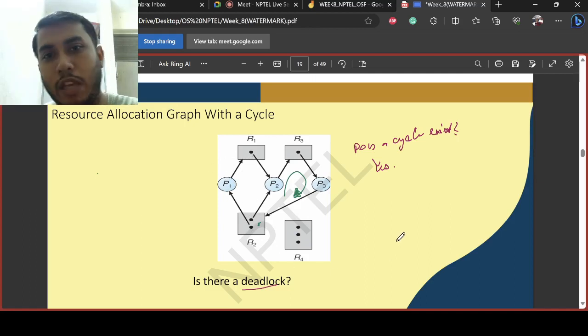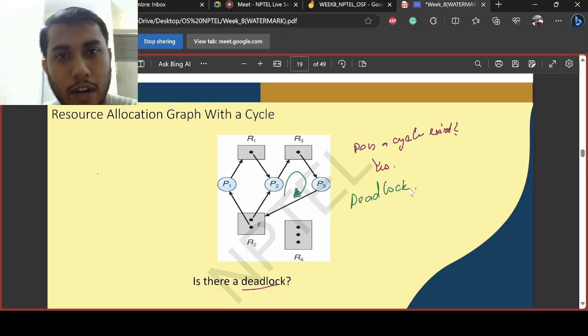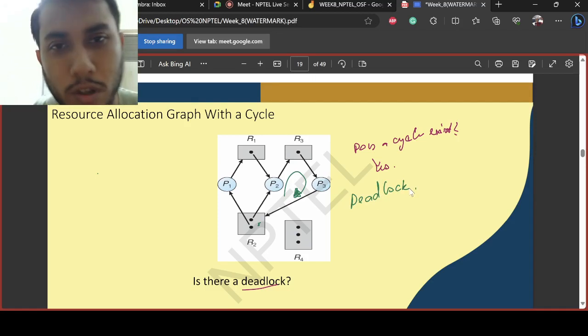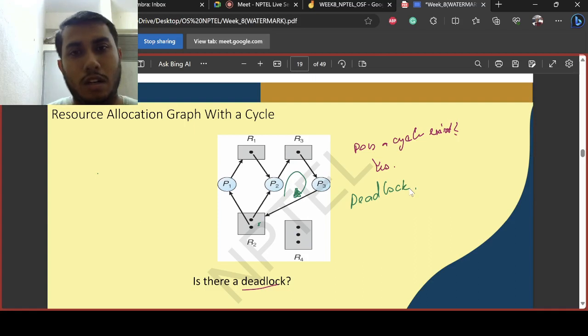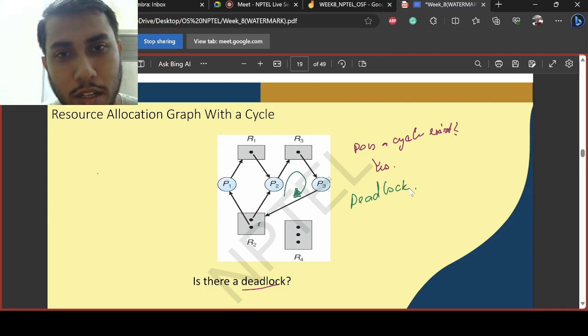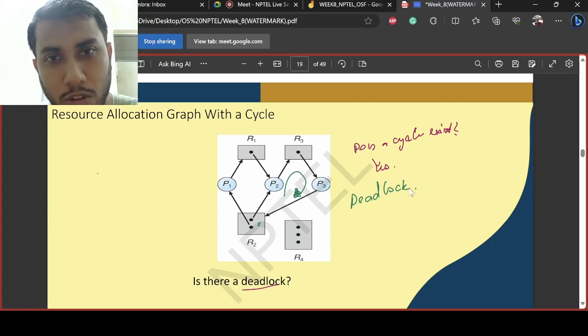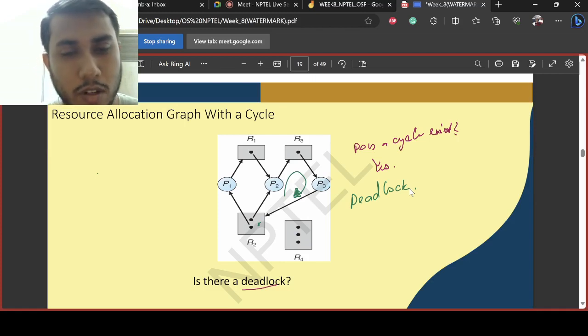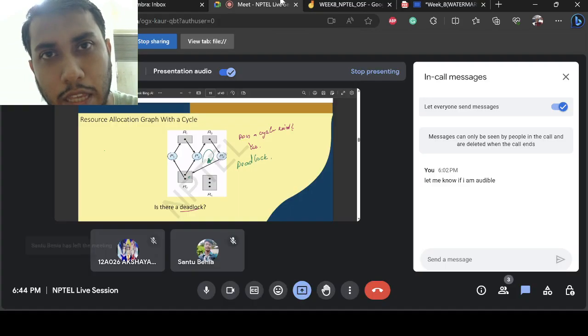So yes, here there is a deadlock, because none of them are able to give up their own resource without completion, and for solving this you have to give up some of the resources, otherwise not. Each one of them is holding on to some resource. So yes, a deadlock exists here.